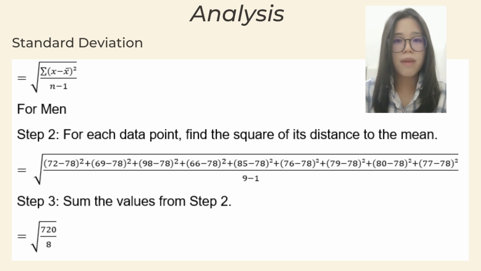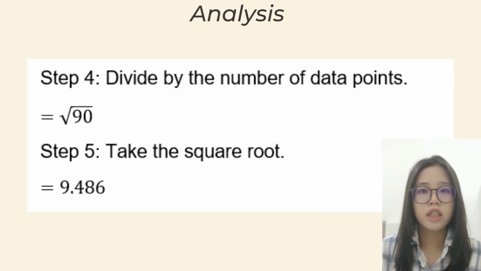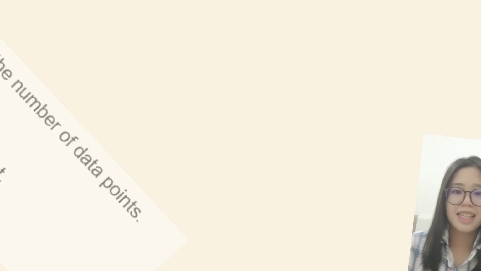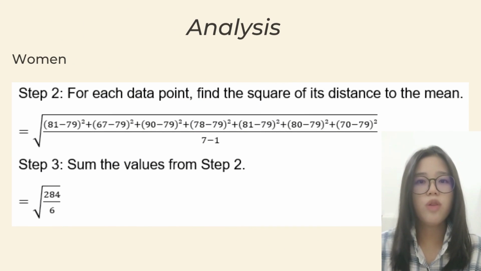Step 3, sum the values from step 2, which is the square root of 720 divided by 8. Step 4, divide by the number of data points, which is equal to the square root of 90. Step 5, take the square root, and the answer is 9.486.